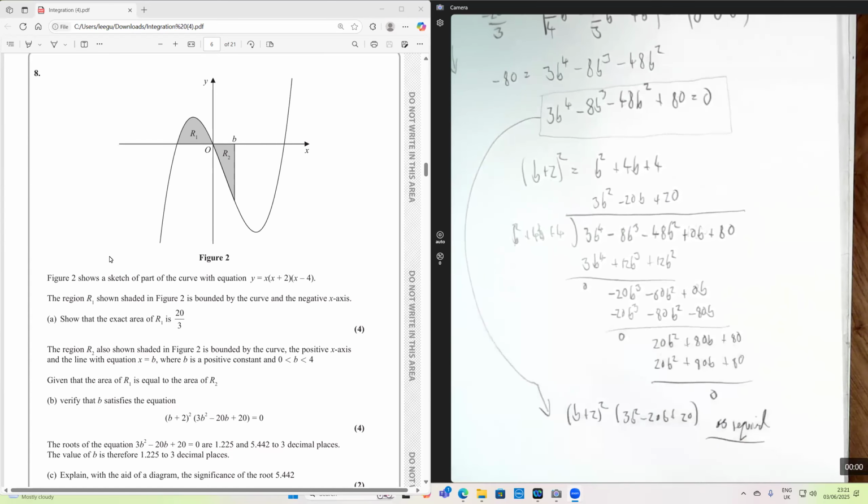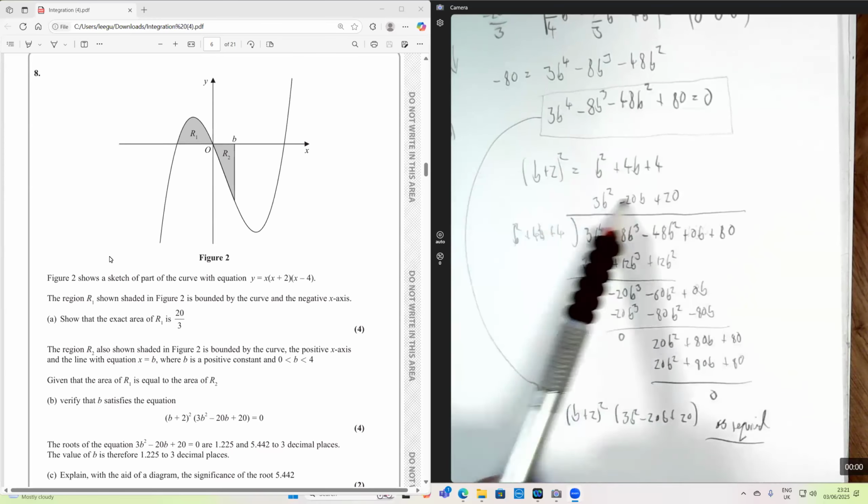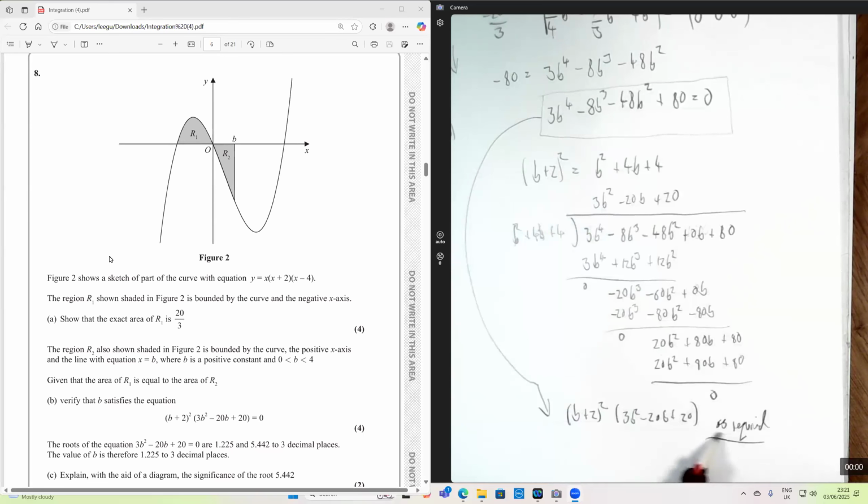And that's going to be all of our marks for that part B there, because we verified that B satisfies that equation, because when we integrated between 0 and B, we got this expression, and when we divided it by B add 2 squared, we got that. So indeed, this does satisfy the equation.